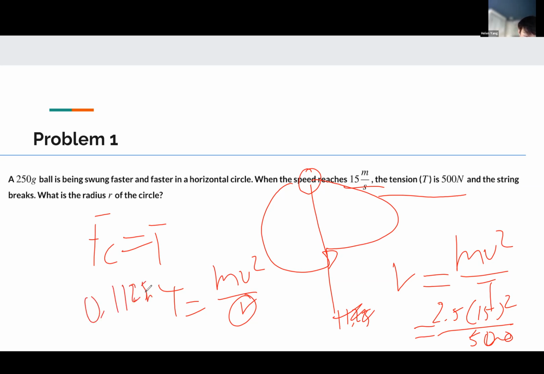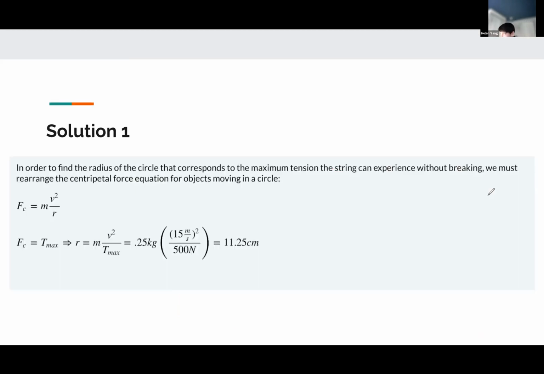It would be 11.25 meters. This is the solution. Okay, so you guys can do question 2.